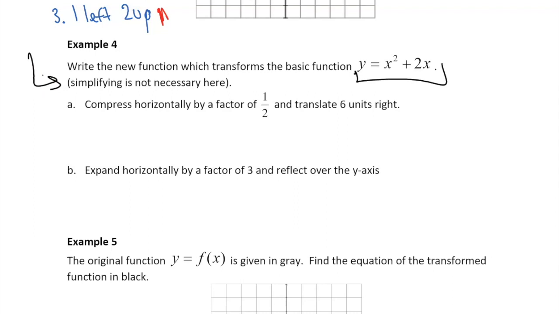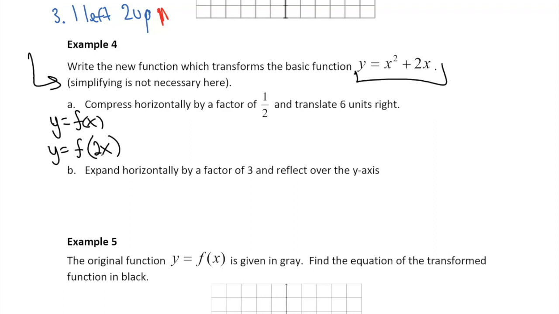So if we want to compress something horizontally by a factor of 1/2, we know that if you had y equals f of x and you were to compress it horizontally by a factor of 1/2, that becomes f of 2x. So where you used to have an x, you now have a 2x.